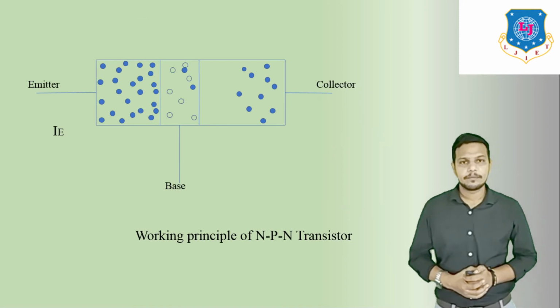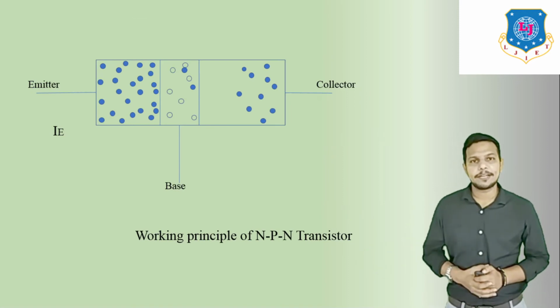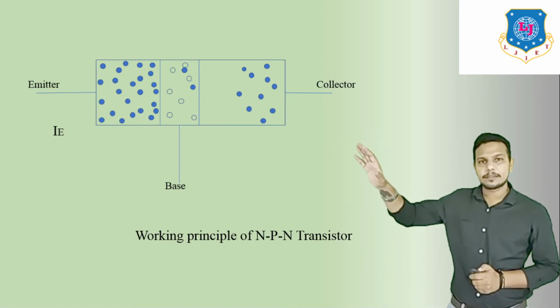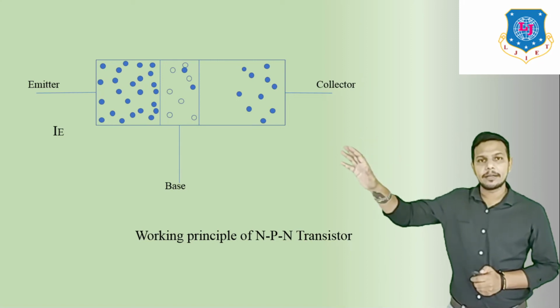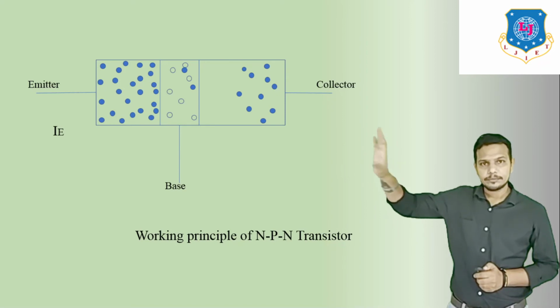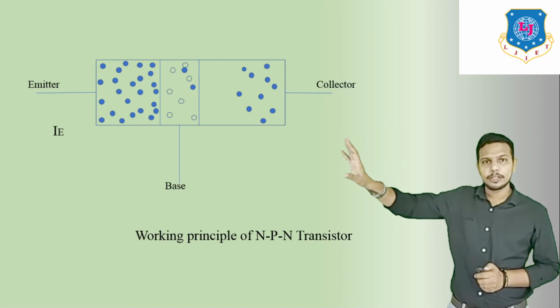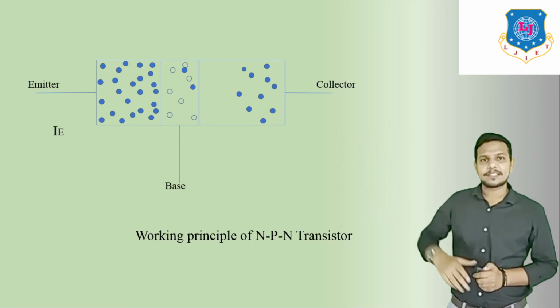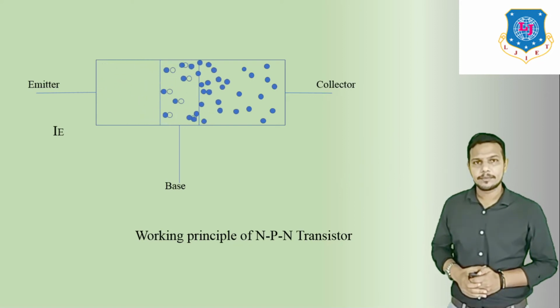So here we can see the working principle of the NPN transistor. In this emitter terminal, a large number of electrons are moving towards the base terminal like this.